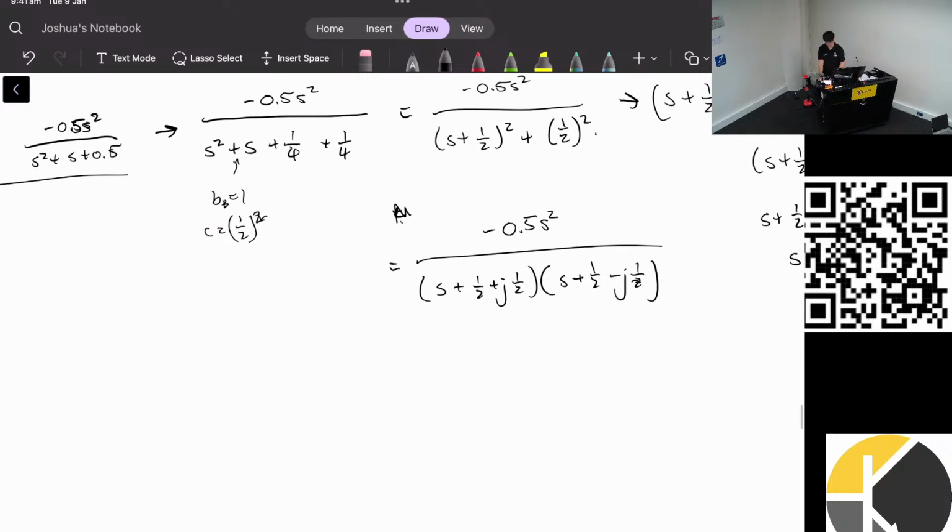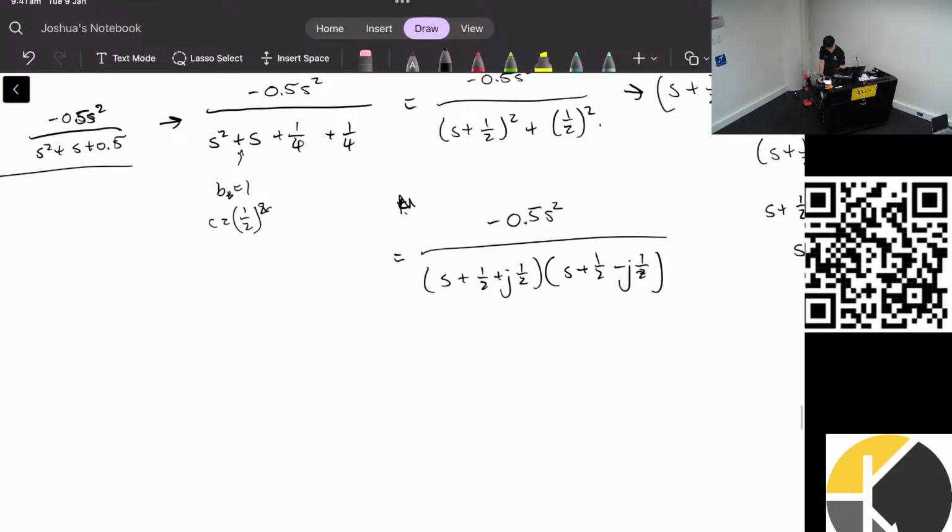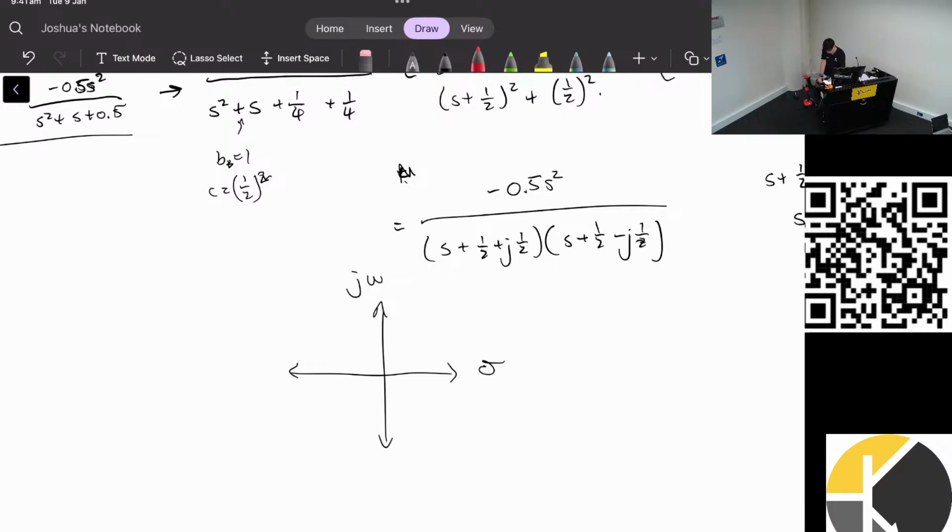So now I have it factorized, I can draw this out on the S-plane. So we have zeros at the origin. So we have two zeros here, and we have a pole at minus a half plus j a half, and at minus a half minus j a half.